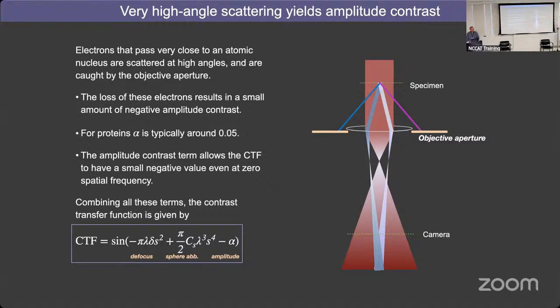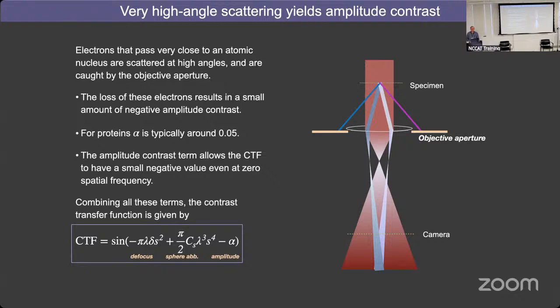Okay, another question. Yeah, okay, so heavy atoms, of course, are going to give you more of that high angle scattering, so they give you more of this amplitude contrast. And no one deals with this quantitatively that I know of, but in principle you could.